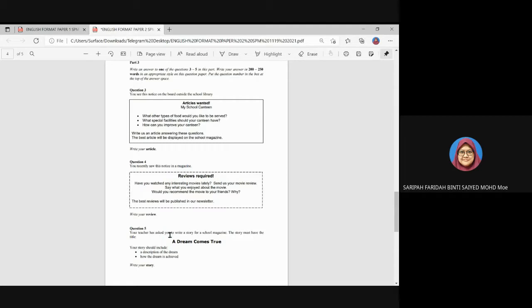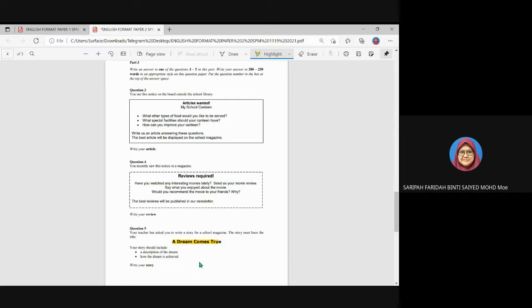This is a school magazine. So, highlight first. What's the title? A Dream Comes True. This one you need to write in your page.